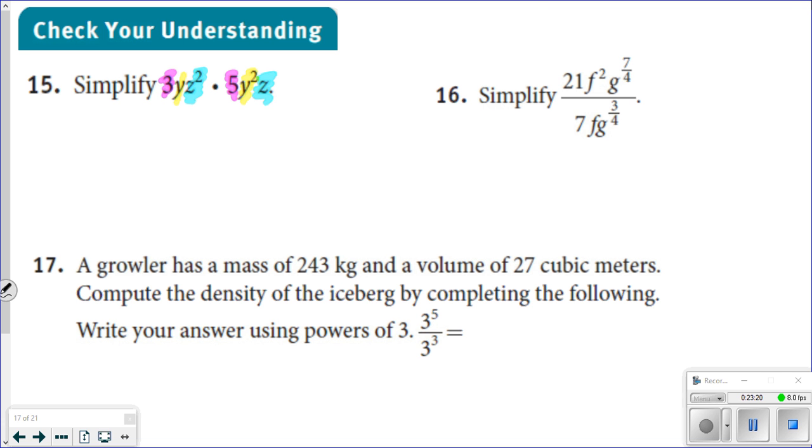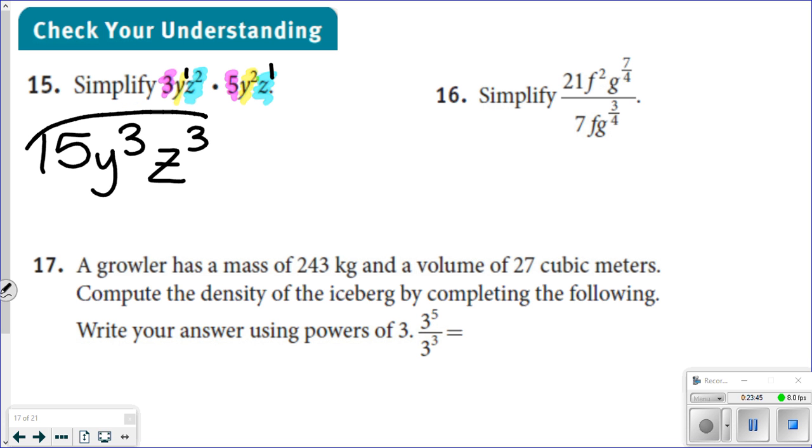Three times 5, 15. Then I need to look at my y's, and when I'm multiplying, I actually add the exponents. So 1 plus 2 is 3. And then look at the z's. 2 plus 1 is also 3. So that would be my final answer.